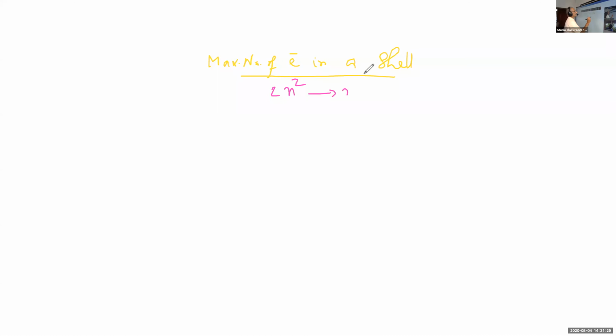Let us calculate for the K shell, n is equal to 1. 2 into 1 square is equal to 2. So the maximum number of electrons possible in the K shell is 2 only.